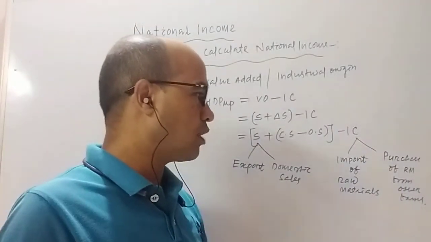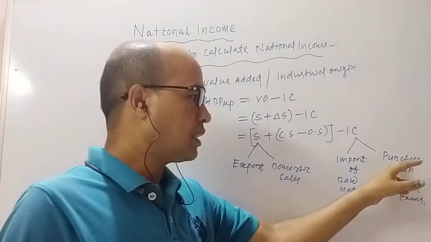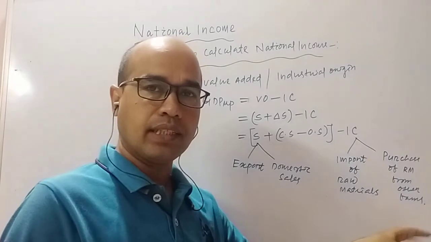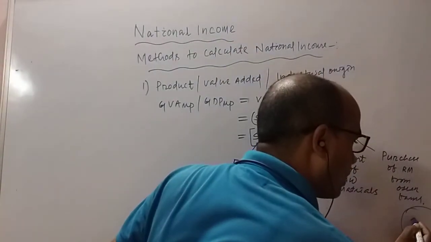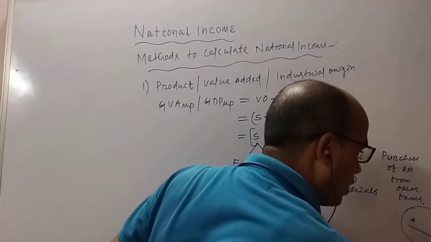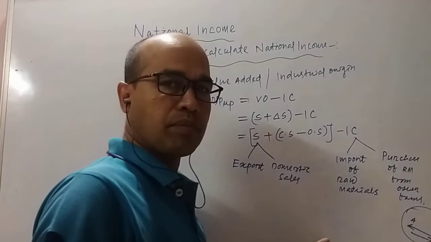If IC is not given, what do you do? Purchase of raw material is domestic. Here two firms are there. For example, in India, two firms A and B: either A purchases from B or B purchases from A. That comes under here.